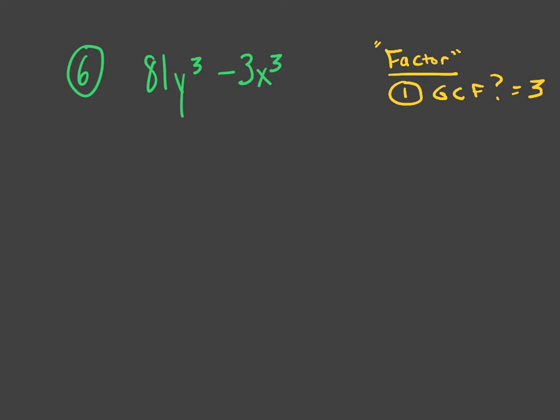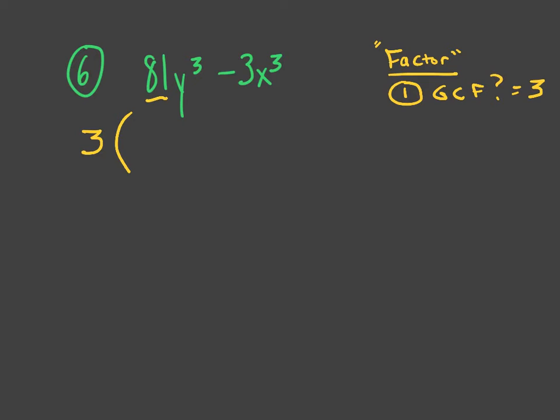And one quick way to check if 3 goes into a larger number, if you just add the digits here, 8 and 1, that makes 9, which gives you an indication that 3 goes in. If you add the digits of a larger number and you get 12, that means that 3 goes in, since 3 goes into 12. If you add a number like 12, 1 and 2, you get 3. Since 3 goes into 3, 3 also goes into 12. So once you notice that 3 is the common factor, take that out.